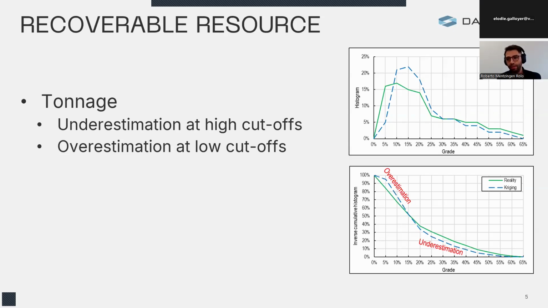And this happens because of kriging's inherent smoothing effect. So this is our first major issue. In exploration stage, when the drill hole spacing is wide compared to the SMU size, our tonnage calculations will inevitably be biased.